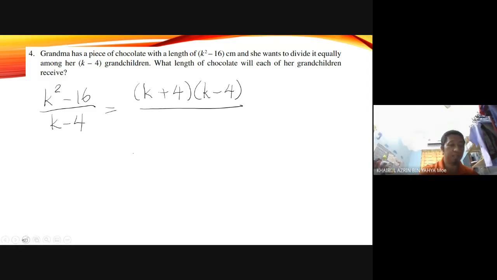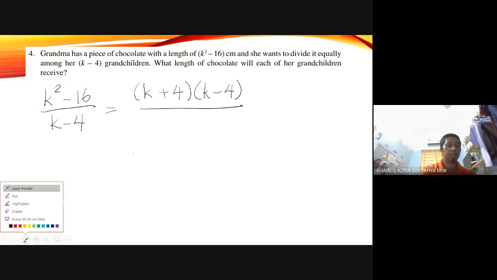Let me use this pointer. k square equals k times k. 16 is a perfect square, 16 equals 4 times 4. And remember, in the brackets, one is plus and one is minus. This is how we factorize k square minus 16.